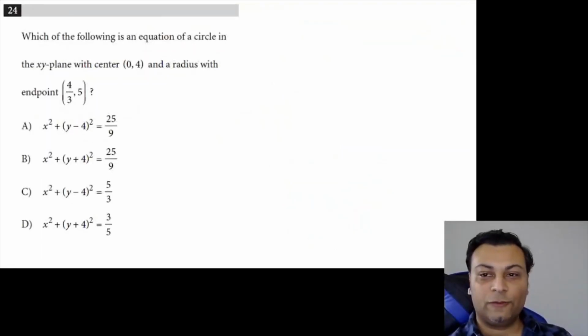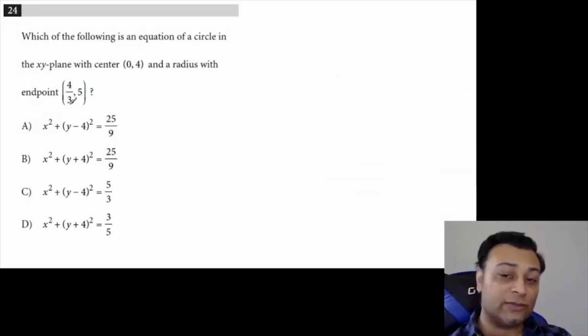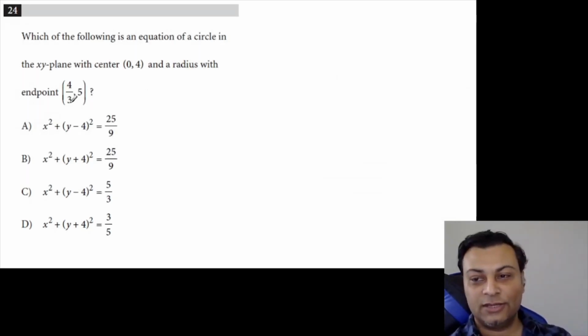Moving on to 24: which of the following is an equation of a circle in the xy plane with center (0, 4) and radius endpoint (4/3, 5)? If you know the center and the radius, then we need the radius. This is not the radius, this is just the endpoint of the radius. So we have a circle, a center, and a radius endpoint.